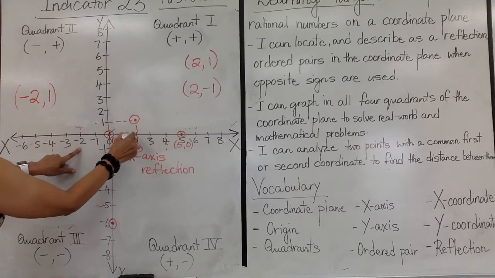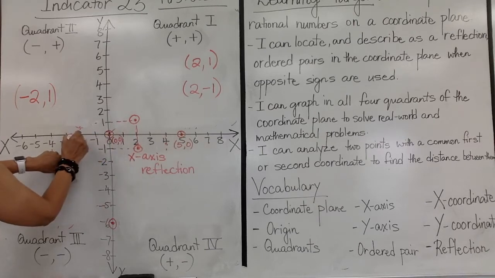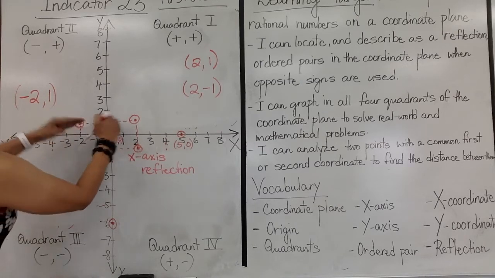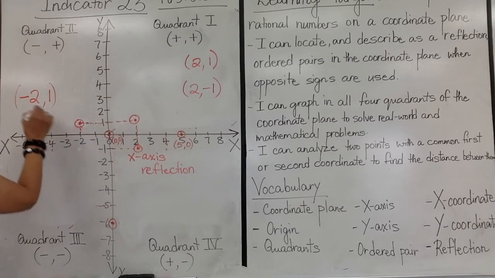This is y. So from 0 to 2, I have 2 units. Same thing, from 0 to -2 is 2 units. And then I go up the same amount because look, isn't this a reflection? But on this side, same distance, but on the other side. And so this is going to give me -2, 1.